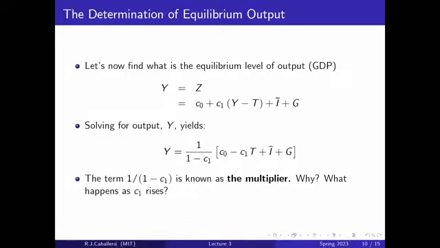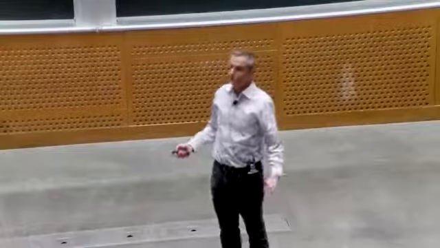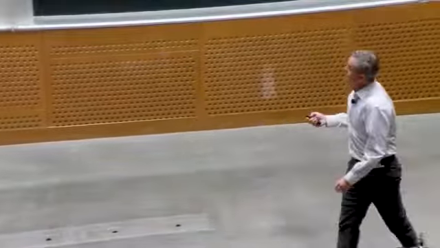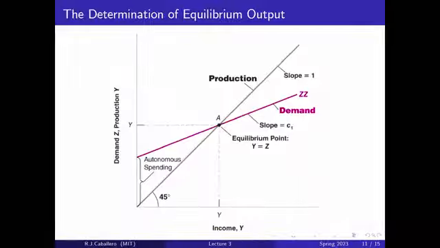If the marginal propensity to consume is very high, say close to 1, then the multiplier is very, very high. If the marginal propensity to consume is 0.5, how much is the multiplier? 2. Okay, good. So the multiplier is 2.